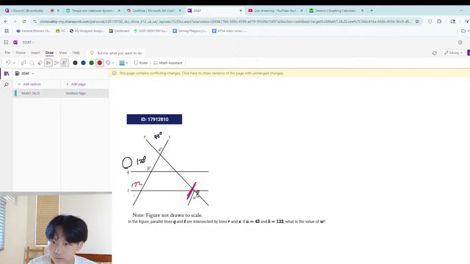And if this is also 122, we could just subtract 180 minus 122. We get 58. So we know that this is 58. That would be our answer for W. W would just be 58 degrees.